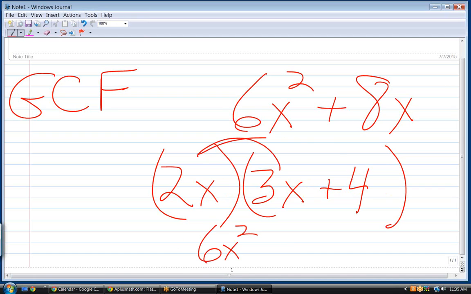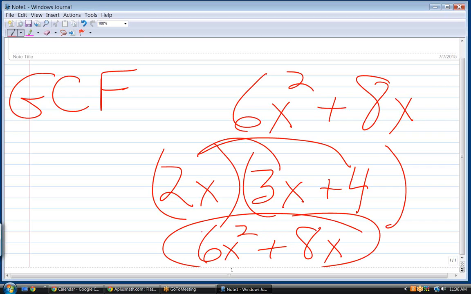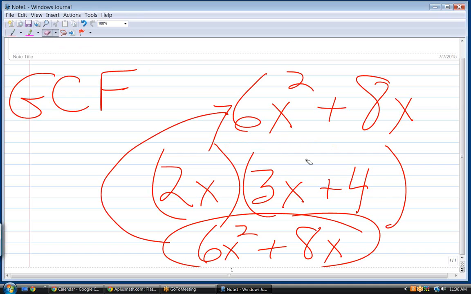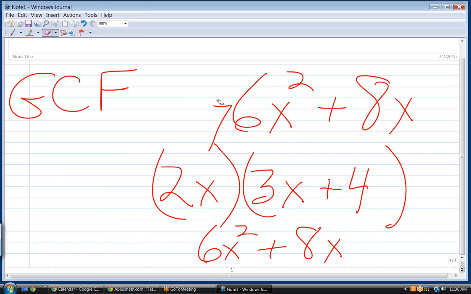And then I multiply that times that. It's not quite every term by every term, but in a sense it is. 8x. So I end up with the same thing I started with. And that's a key test to determine whether you have factored something properly: always multiply it back together again and see whether or not you get what you started with.